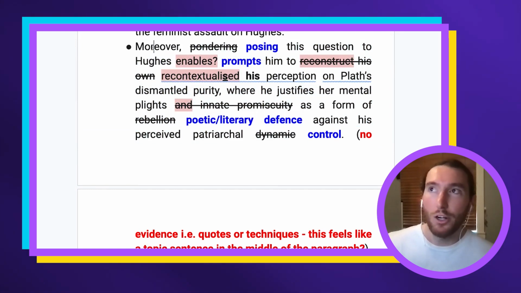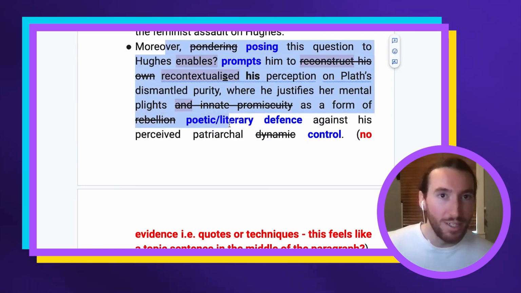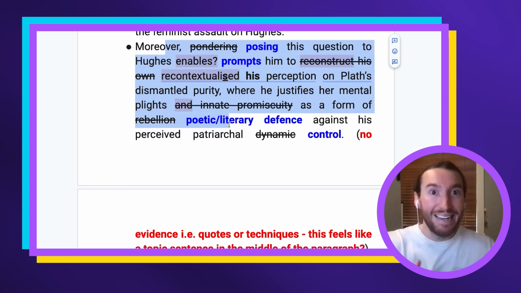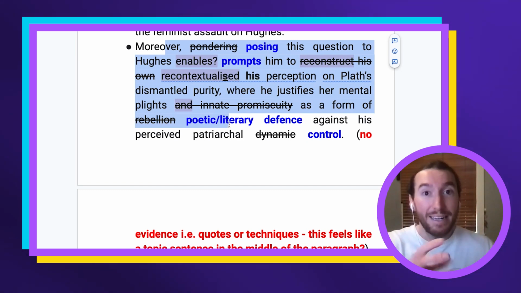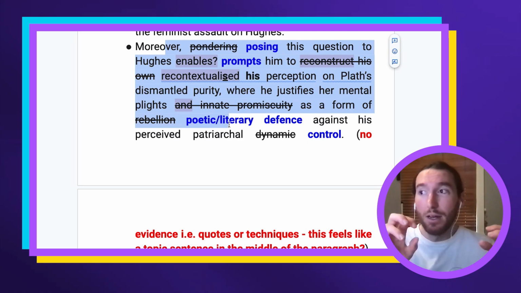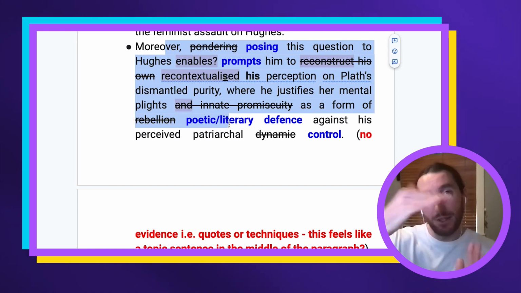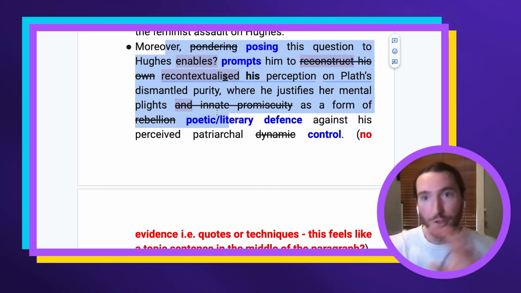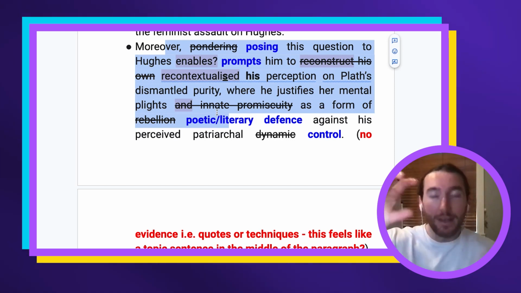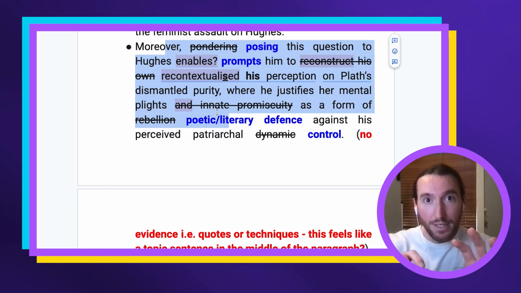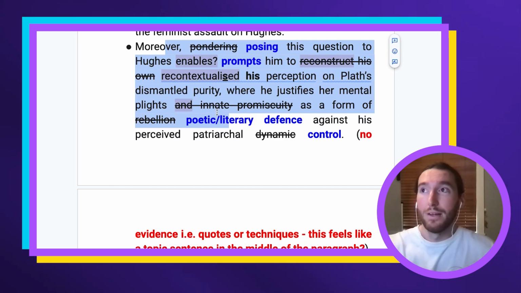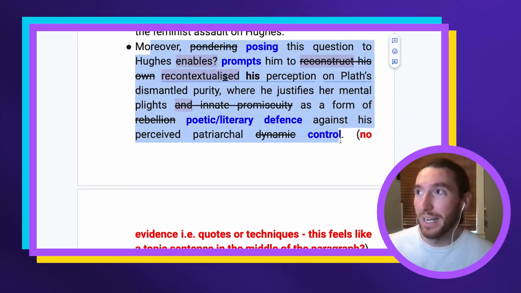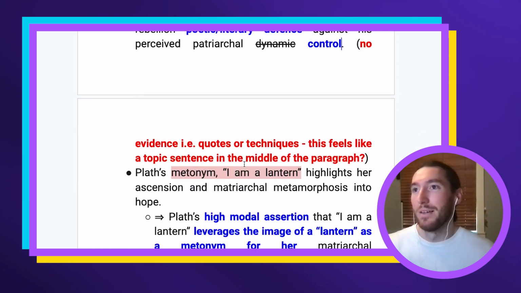So what I always say is don't necessarily delete it, but merge it and pair it with a piece of analysis, a technique and a quote, or a general stylistic element, and embed a quote in the sentence in order to have that analysis recurring throughout the paragraph. We don't want to go analysis, more commentary, analysis, more commentary. Okay, you want to go topic sentence, analysis, analysis, analysis, link sentence. Okay, and sure, some sentences might be split into two, but this is an example of one that just feels like a standalone conceptual statement.